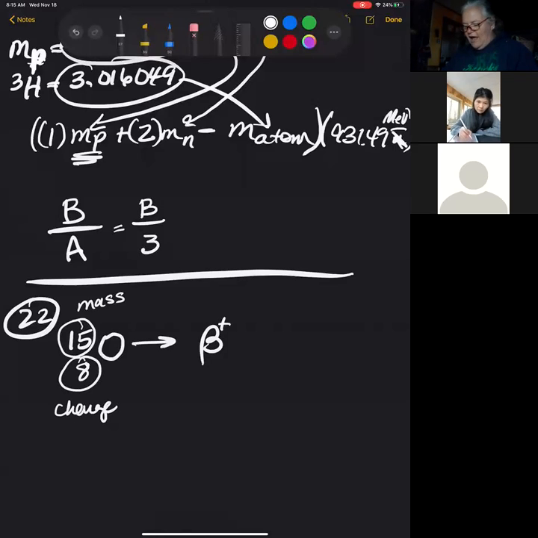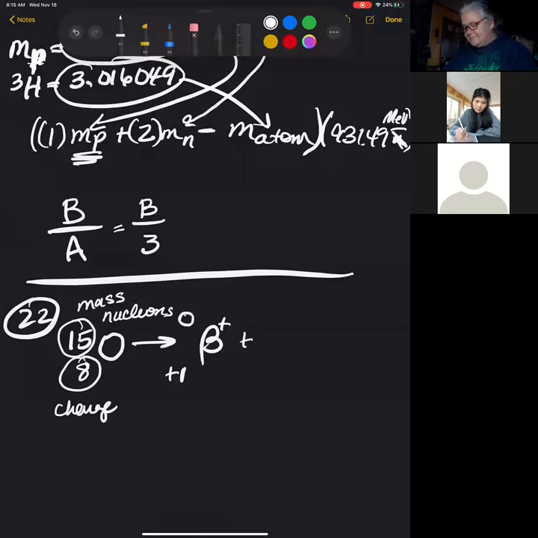So I've got 15 nucleons and 8 positive charges. That's what that means. Betas are electrons, not nucleons, so their number on top is a 0. They don't change the nucleon number or contribute to the atomic mass number. But beta plus is a +1 charge.